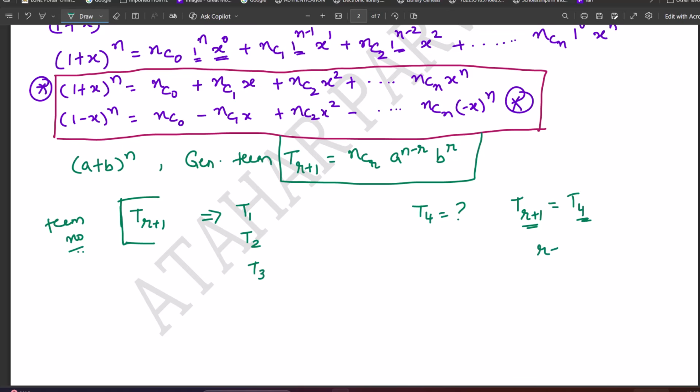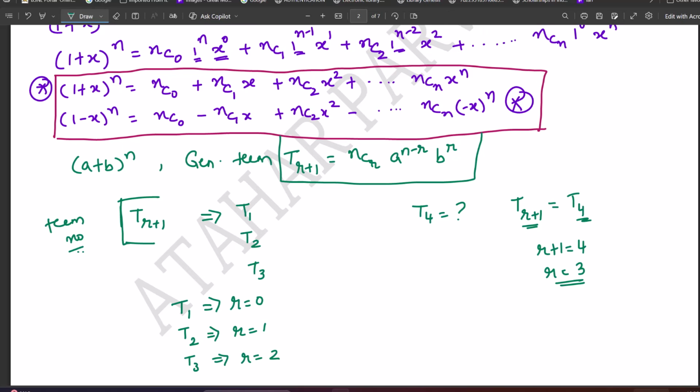So with this, my r + 1 will be equal to 4, and my r will be equal to 3. So the moral of the story is, if the term number is 1, it implies that r is 0. If you have the second term, then r is 1. If you have the third term, r is 2, and so on.